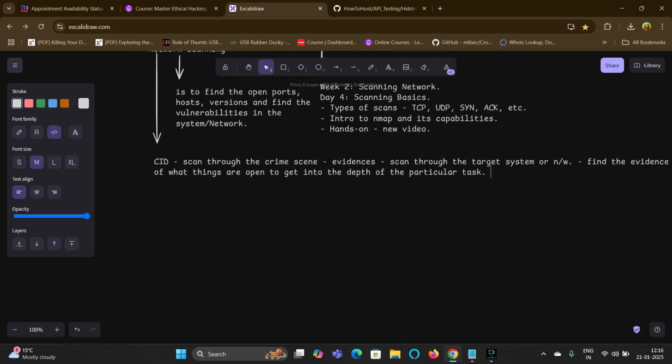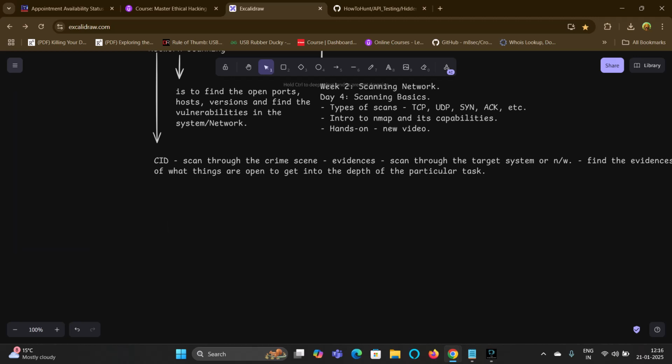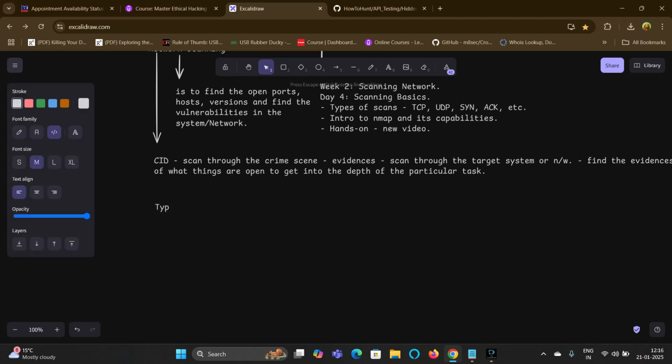We will be moving on to another topic, which is types of scans. Let's start with TCP. What is the task of TCP scan? It is used to find or identify TCP open ports.